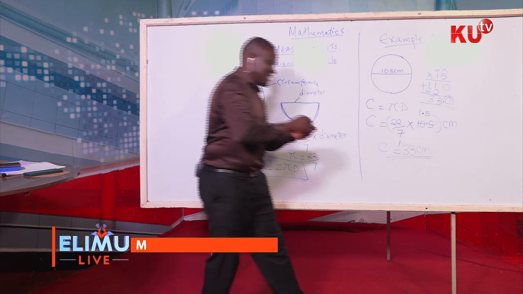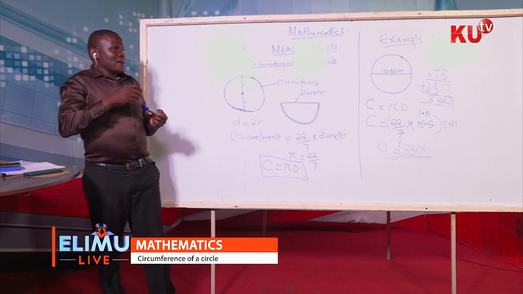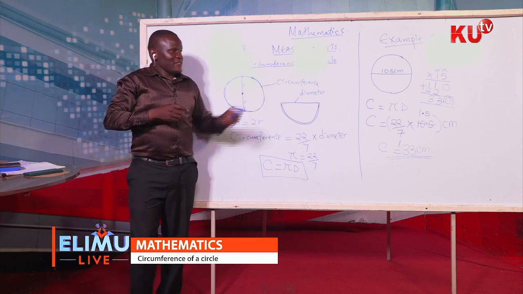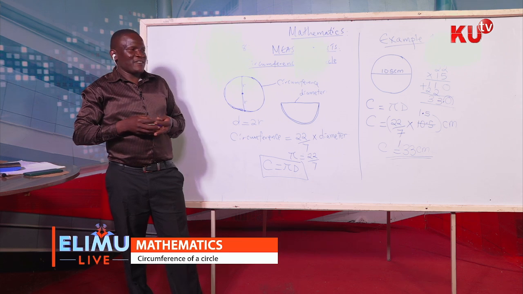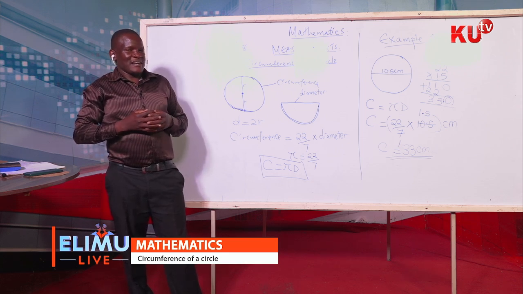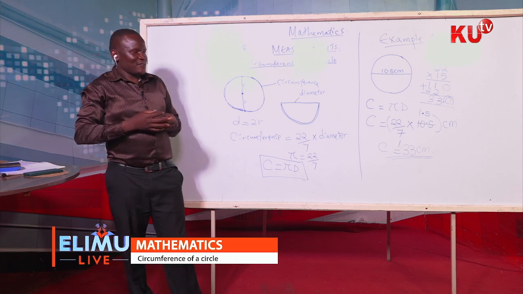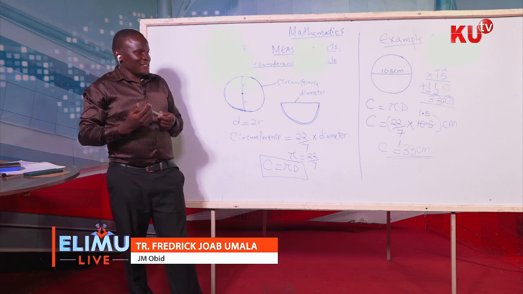33 centimeters. Let me just repeat that process. We are given a circle of diameter 10.5 centimeters. Our formula for finding the circumference of a circle is equals to pi d.